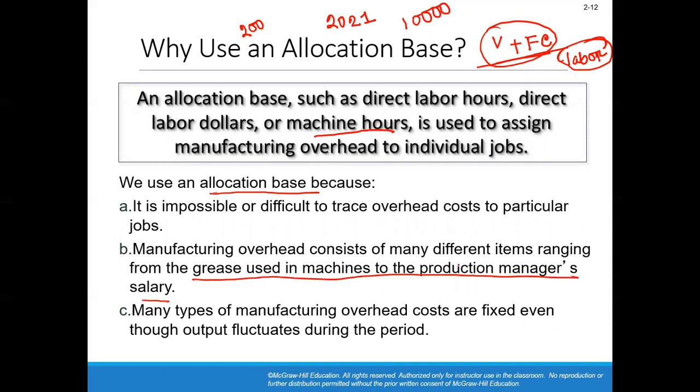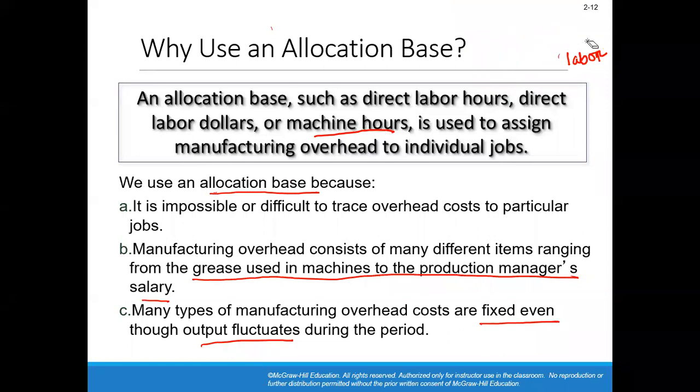And out of the manufacturing overhead cost, some cost natures are fixed, some are variable, which fluctuate in response to fluctuation of the output. I have given you the idea here. So we have got the idea of how we use a predetermined overhead rate to assign the cost of manufacturing overhead.